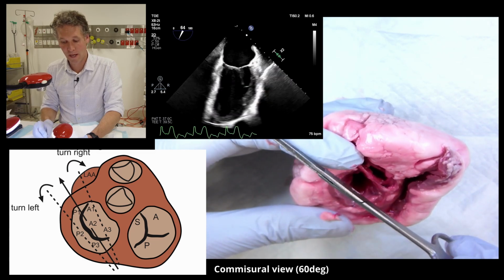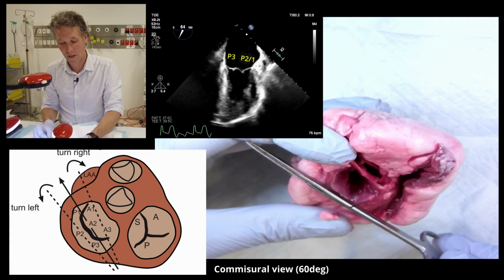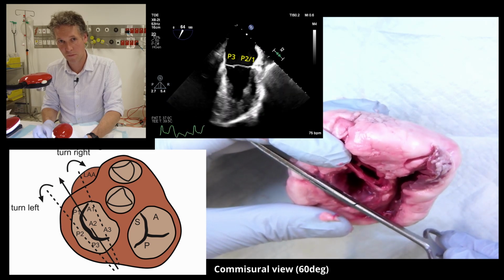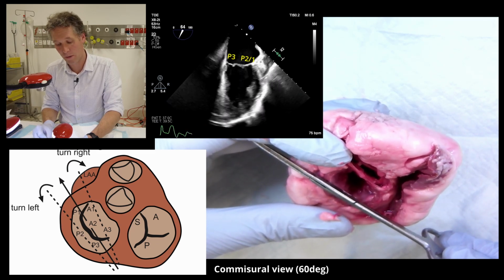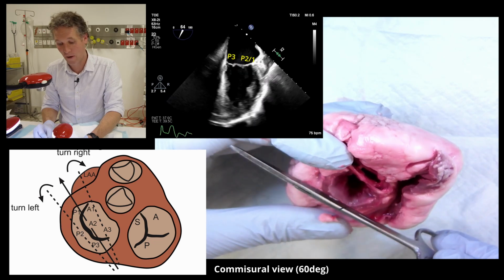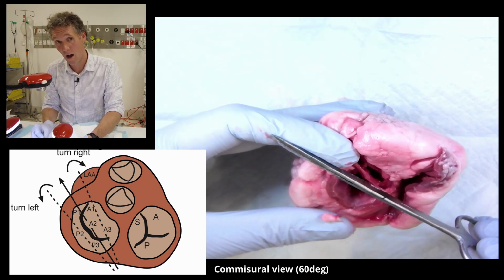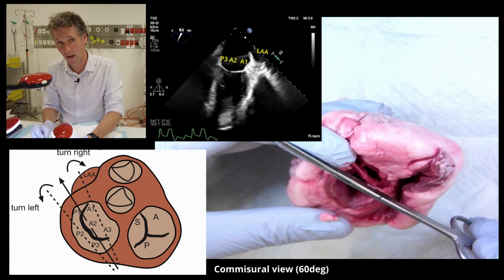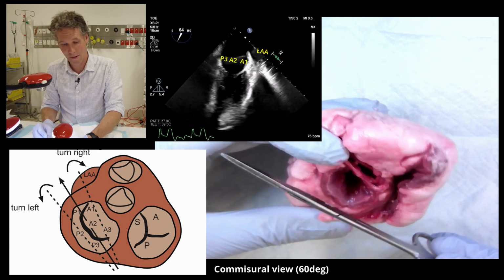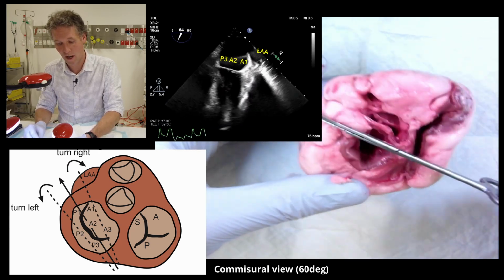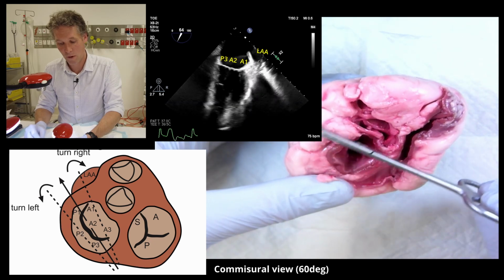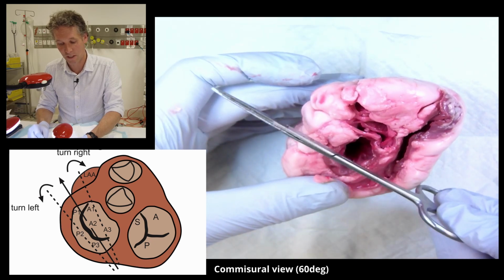If I look to the patient's left, I'd be looking through something like P1, P2, P3. If I look to the patient's right completely, I might be looking through A1, A2, A3. So it all depends where we're looking, to the patient's right or left, when it's 60 degrees.